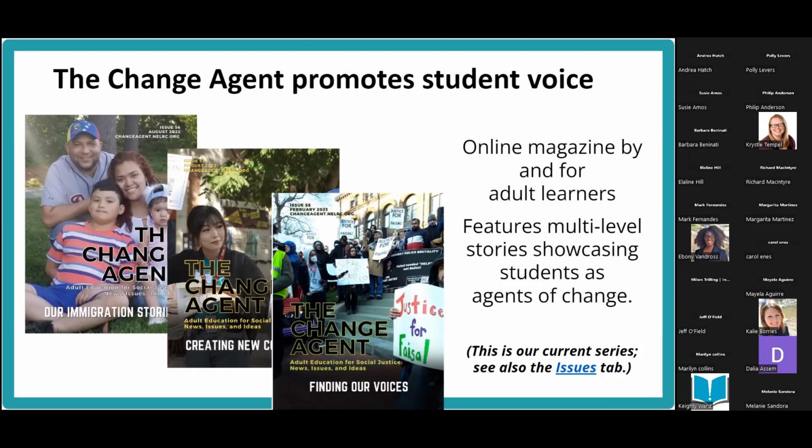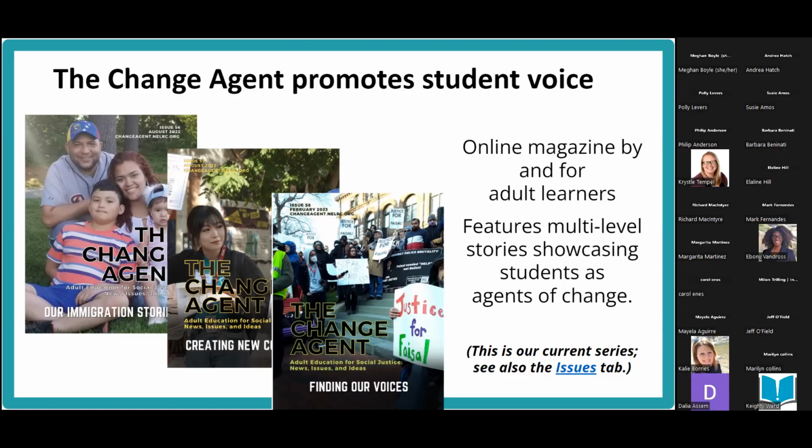When adult learners see something written by their peers, that acts as a scaffolding to move to higher and higher levels of complexity and literacy, because they're motivated by interest in the author and the writing. The writings in the Change Agent are multi-level, and we like to share stories of students who are acting as agents of change. It may be in a small way, in their own life, at their school, in their family, in their community, or at their workplace. In some way, they're acting as an agent of change.